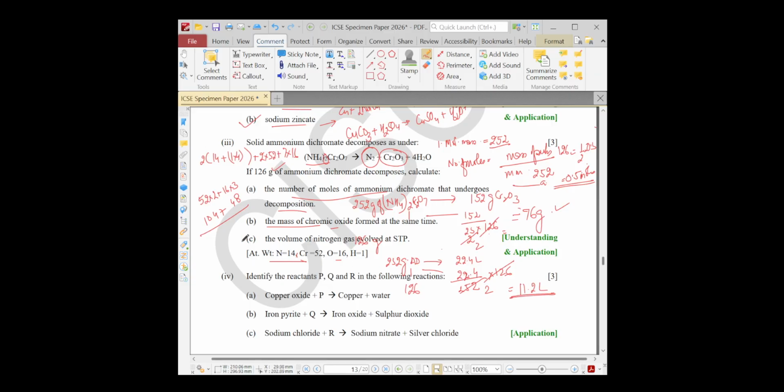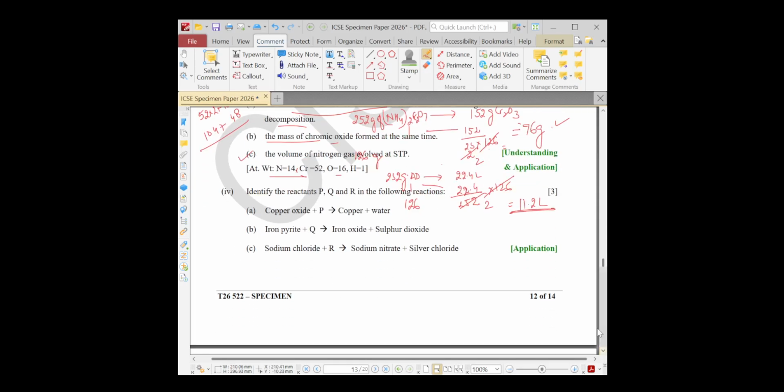So the answer is 11.2 liters of nitrogen gas will be evolved at STP. Now we move on to the fourth part.